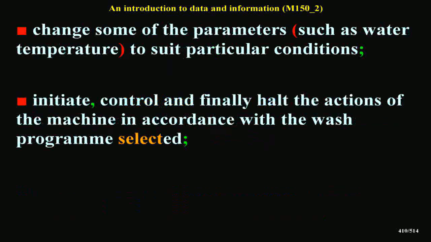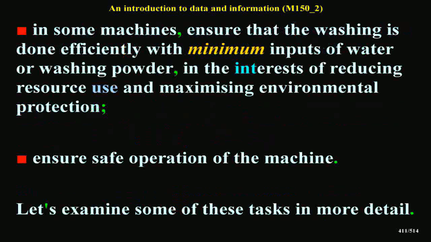Initiate, control and finally halt the actions of the machine in accordance with the wash program selected. In some machines, ensure that the washing is done efficiently with minimum inputs of water or washing powder, in the interests of reducing resource use and maximizing environmental protection. Ensure safe operation of the machine. Let's examine some of these tasks in more detail.